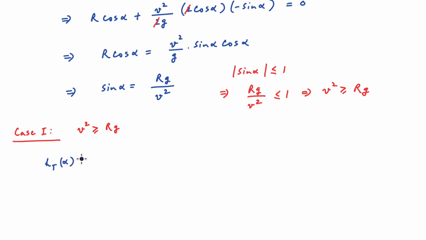Again, remember that h(alpha) is equal to r plus r sine alpha plus v square cos square alpha upon 2g.